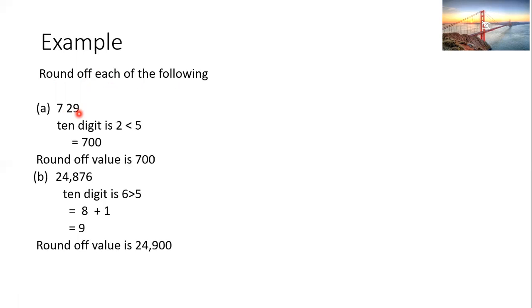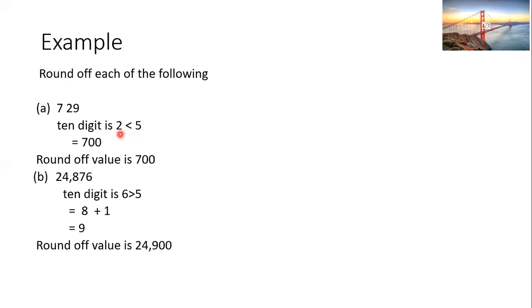So you can see the one's place value and the 10-digit place value. Whether the 10-digit place is greater than 5 or less than 5. What is the 10-digit value? 2. Whether the 2 is greater than 5 or less than 5? Yes, less than 5.